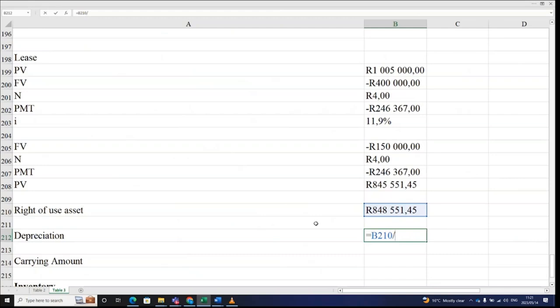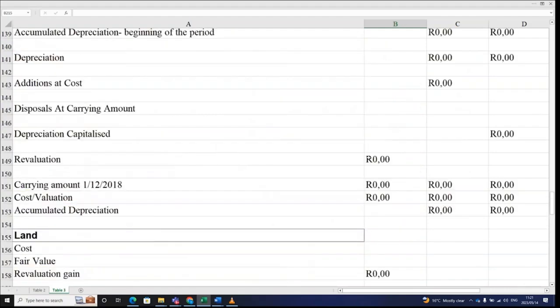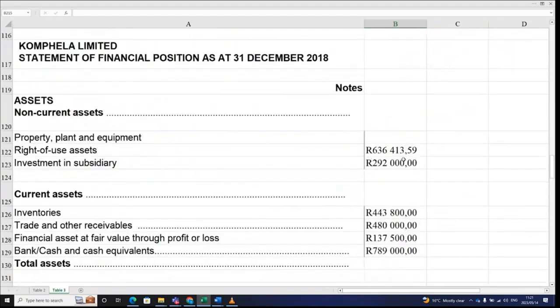The lease period is 4 years. That's what we have over there. Then the carrying amount will obviously be the cost less the depreciation for the period, which leaves us with 636,000. And that's the amount we have there as the right of use asset.